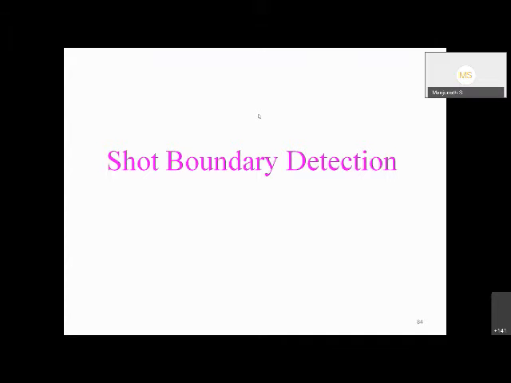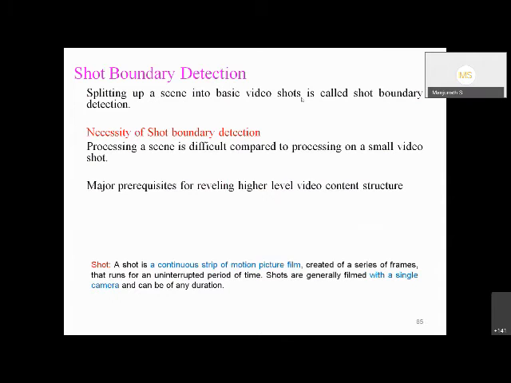So what is shot boundary detection? As I said, it is a process of splitting the scenes into several shots. A scene is made up of several shots, so we need to identify those shots. Where two different shots have been combined, we need to identify that and make them separate.